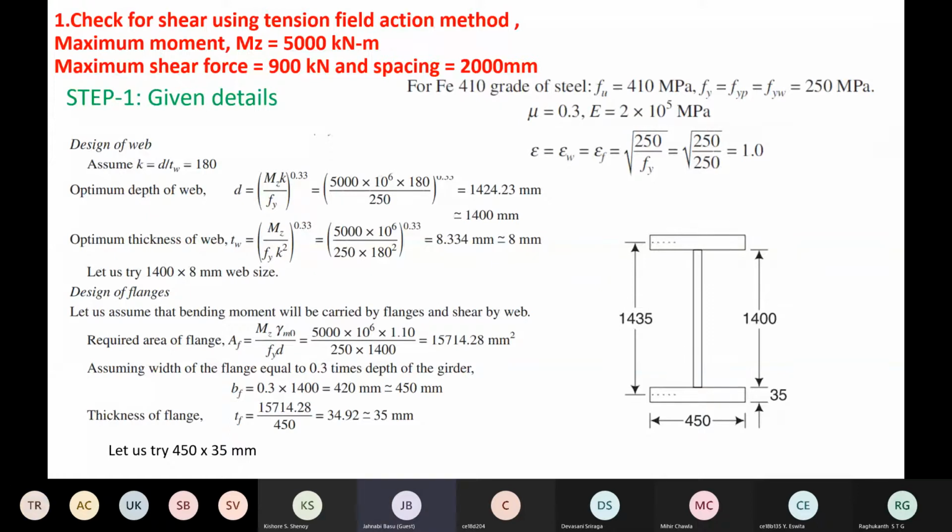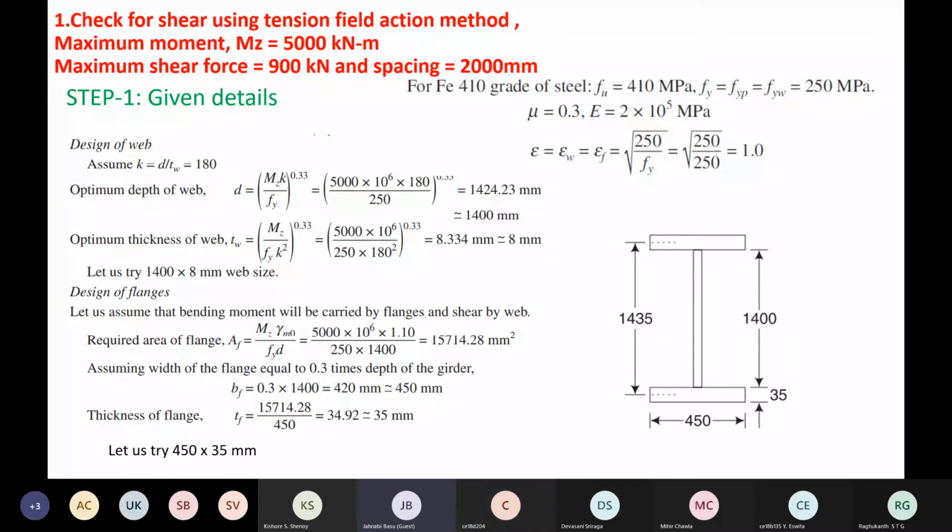So first we have to design for the web and for the flange. So here you can assume the d by tw ratio, k, equals 180. After that, you can find out the optimum depth of web and optimum thickness of web by these formulas, as d equals (Mz k by Fy) power 0.33 and tw is (Mz by Fy k square) power 0.33.